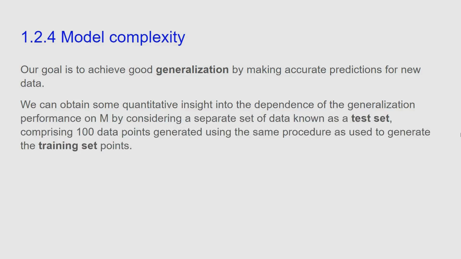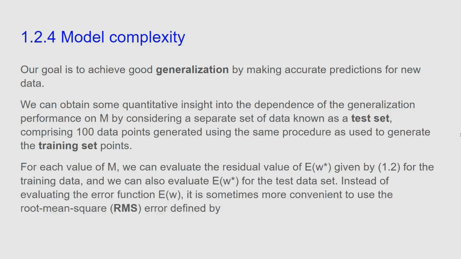We can obtain some quantitative insight into the dependence of the generalization performance on M by considering a separate set of data known as a test set, comprising 100 data points generated using the same procedure as used to generate the training set points.